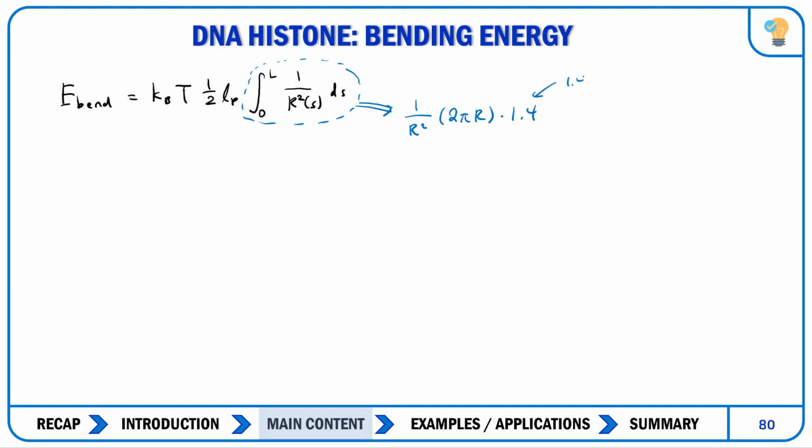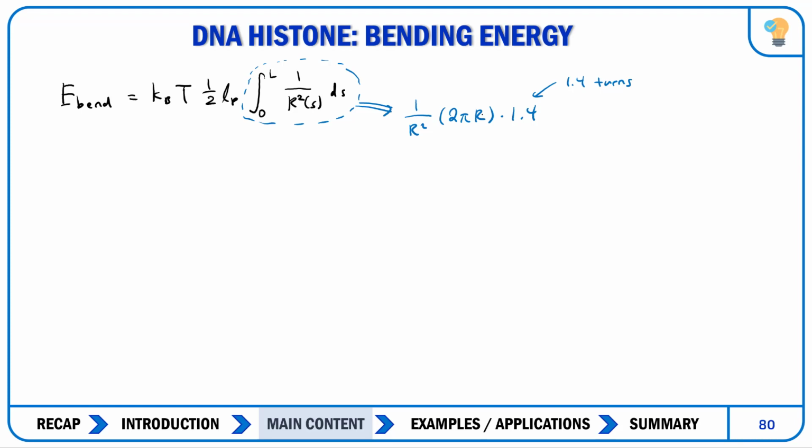So this is 1.4 turns. Try and think of where this term comes from. This term is going to be the total length of your entire strand. So in order to get the total length, we would have 2 pi r, the circumference of your DNA central axis going around the histone, times 1.4 turns.